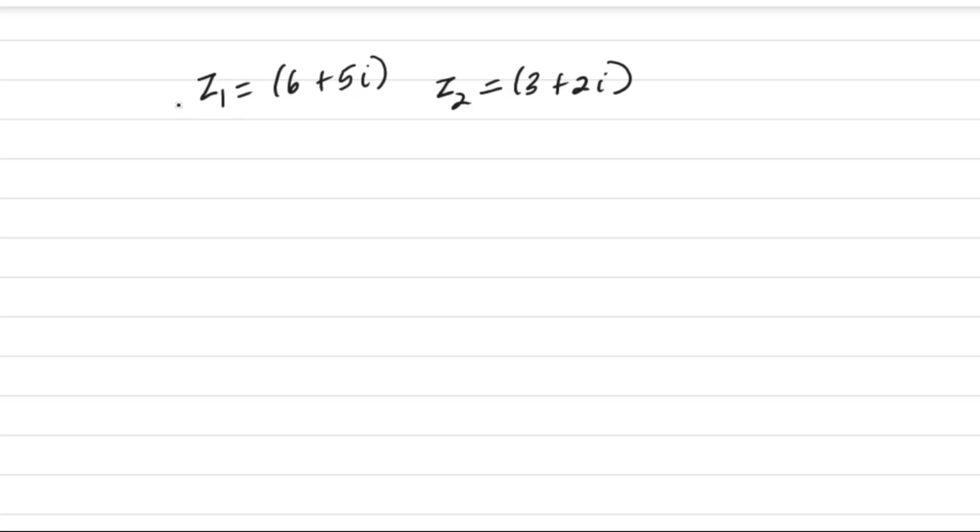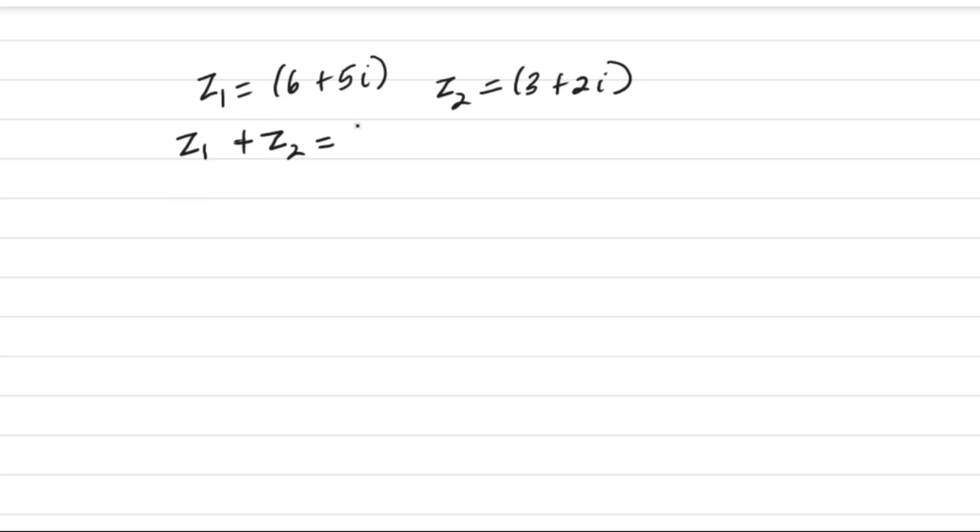If we are discussing addition, we say Z1 plus Z2. The concept here is that when you are adding two complex numbers together, you add real parts to real parts and imaginary parts to imaginary parts. So you just take it as the concept of adding like terms.